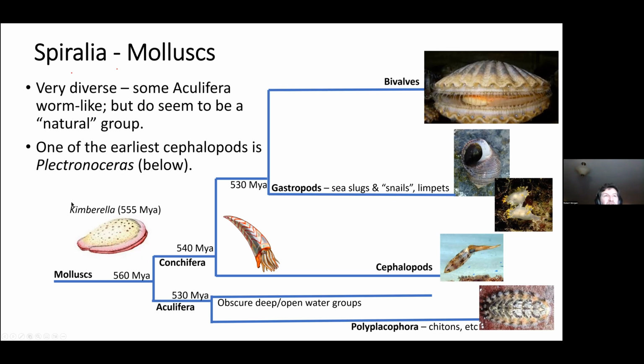And it's quite interesting. The very first mollusk we got a fossil of, this thing called Kimberella, looks very much like a chiton. So it may be that the first mollusks were very much like chitons, and that the other types of them, the cephalopods and the bivalves and all the snails and sea slugs and things, evolved from this type of mollusk.